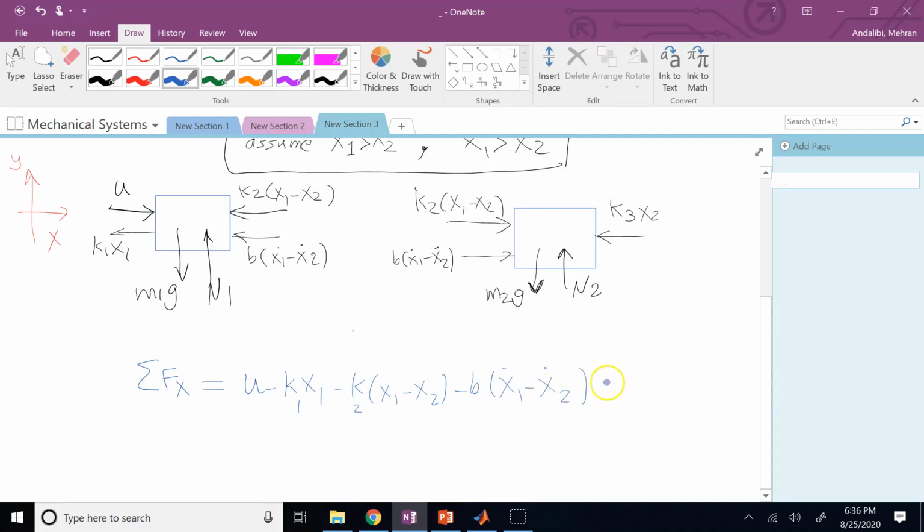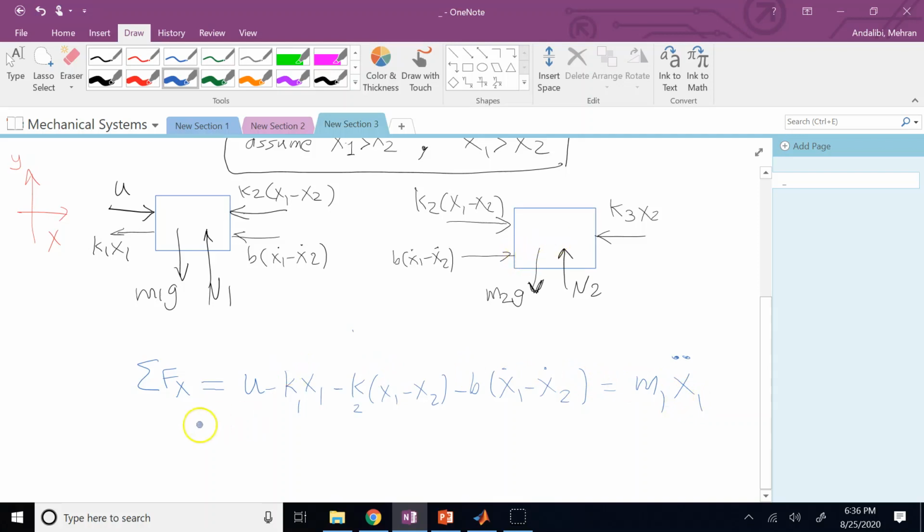This whole thing is equal to mass of the object times acceleration of the object in the X direction. And for acceleration, I can write what? x1 double dot, right? Because the acceleration is second time derivative of the position.